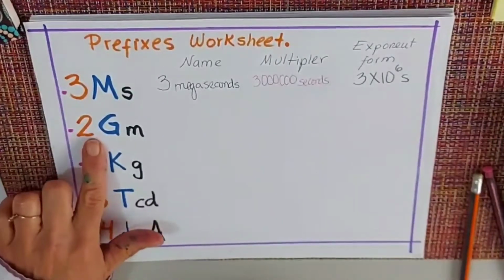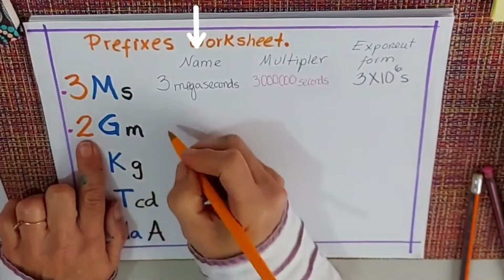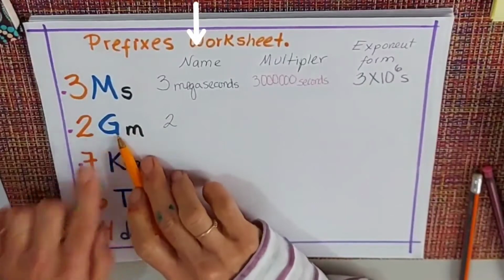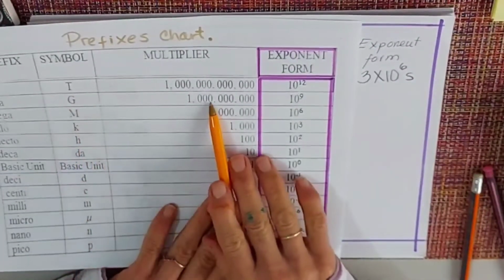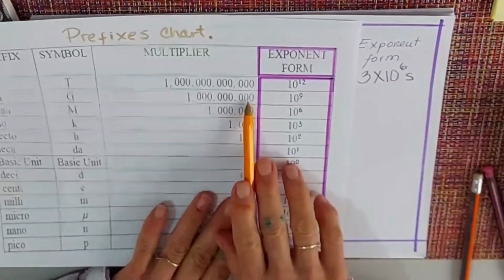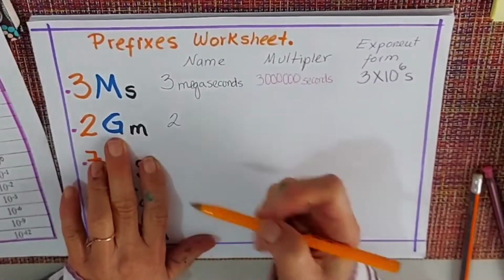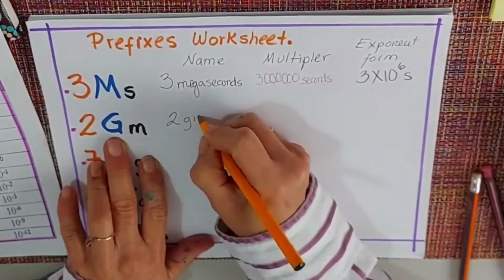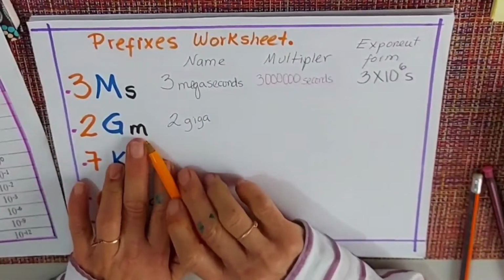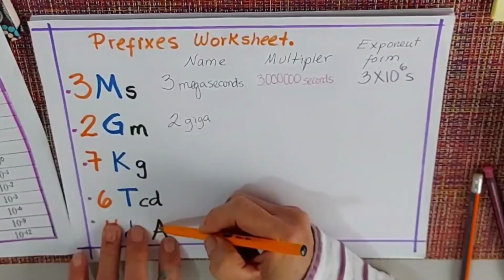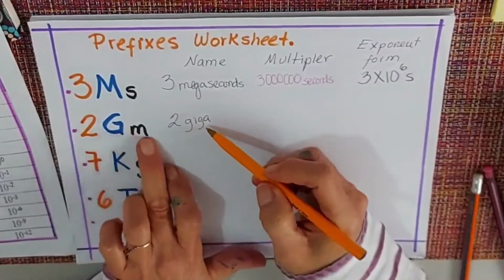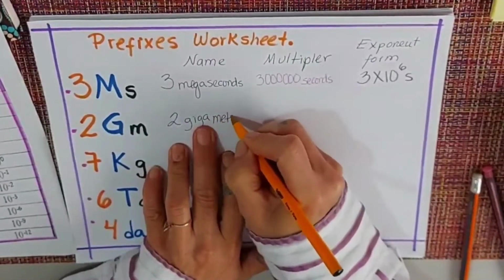Now for this example, 2, and this letter represents giga. Here, giga is capital G. G is for giga, 2 giga, and this is the symbol of meters. All of the letters are the symbol of the units. 2 gigameters.